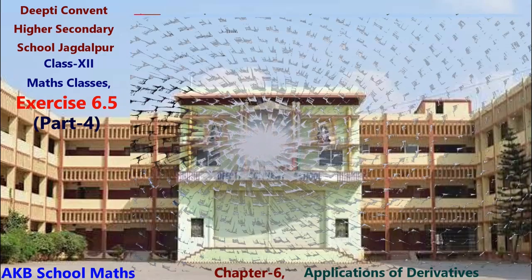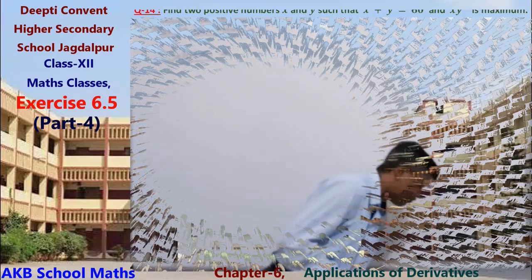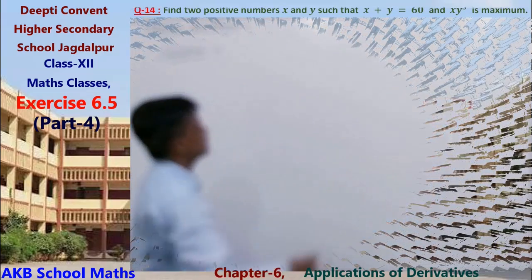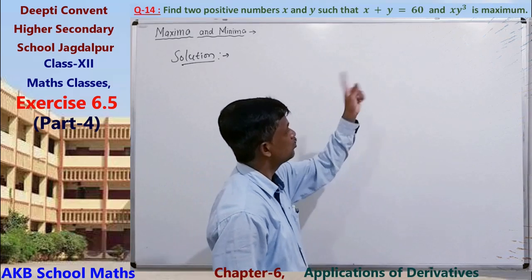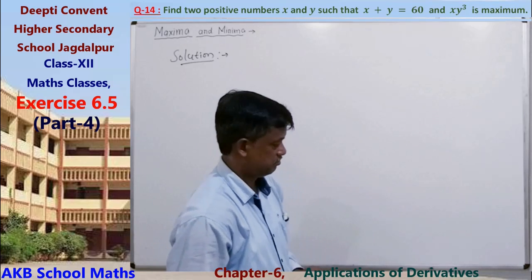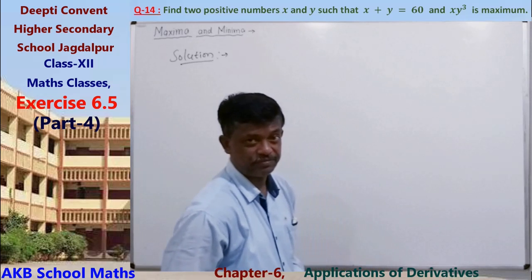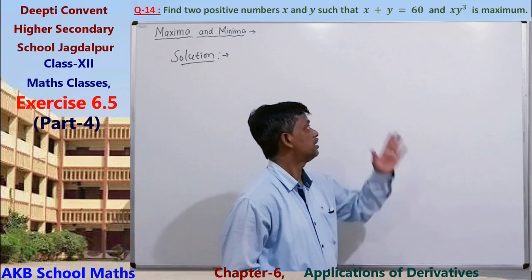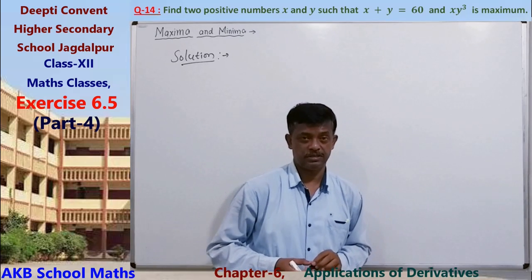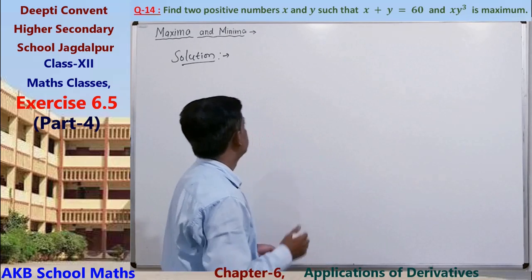Take question 14 of exercise 6.5, that is, find two positive numbers x and y such that x plus y equals 60 and xy³ is maximum. Here this type of question can be solved.